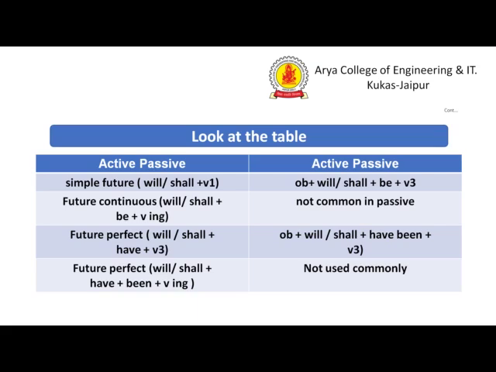This is the rule we have to apply. So for the future perfect, here is the example: "I will have written a letter." So "A letter will have been written by me." We can sort out the perfection with the perfect tense in our active to passive voice.